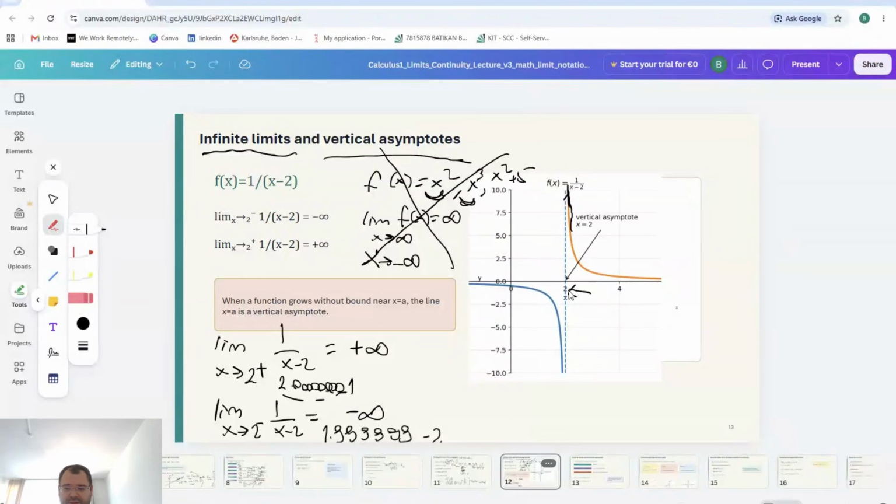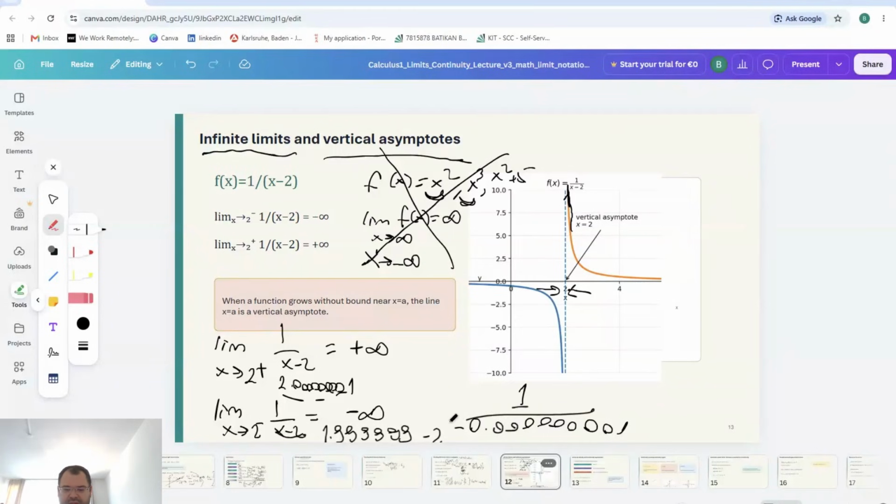So you have 2, and you are approaching 2 from the left side. You are using values smaller than 2, and your function is going to minus infinity, because you will end up with a very small negative number in the denominator. When you invert that number, you will end up with something like 1 over minus 0.000000001.